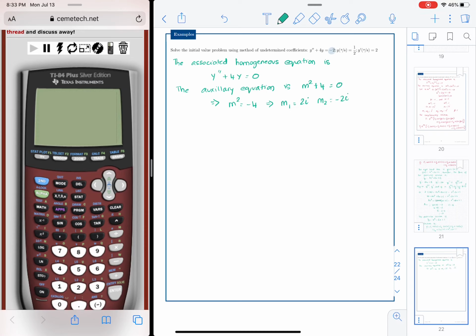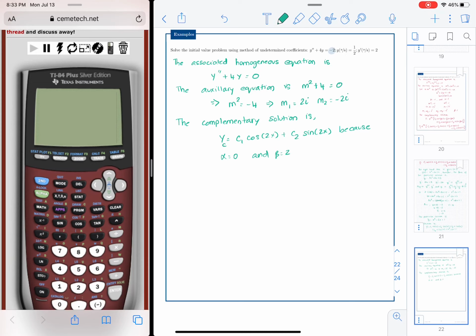So the complementary solution is y is equal to c1 cosine 2x plus c2 sine 2x because alpha is 0 and beta is 2.